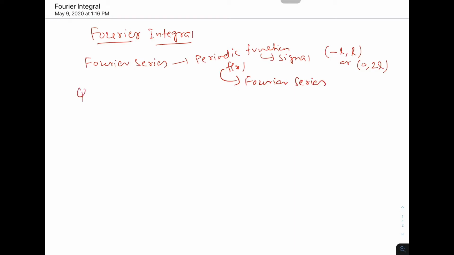Now our question is, if a function is non-periodic and the interval is infinite, say L tends to infinity, then what? That answer is given by the Fourier integral.